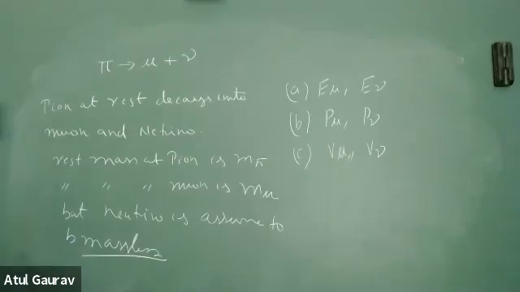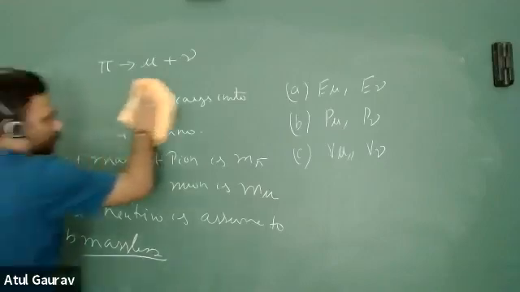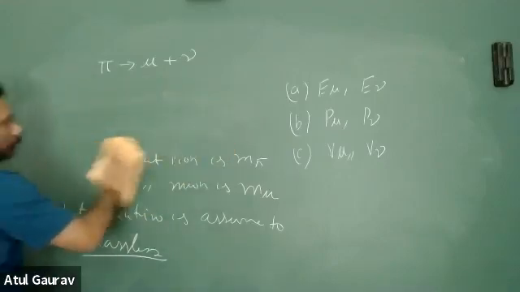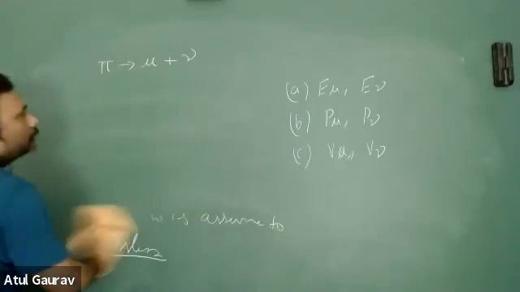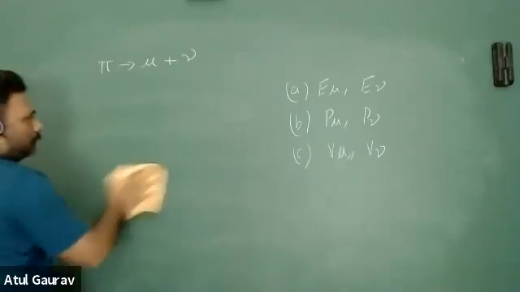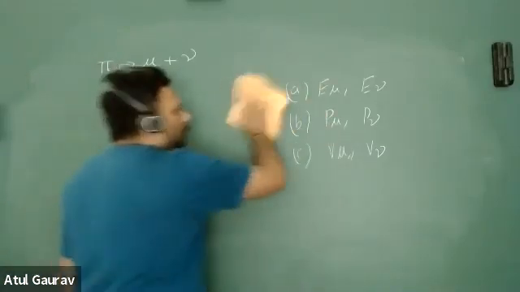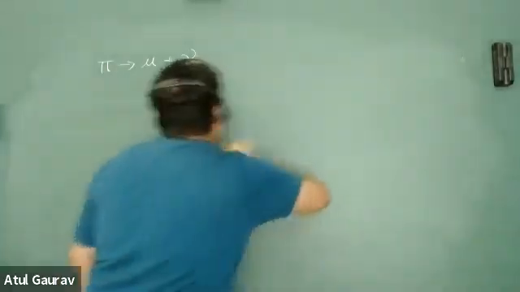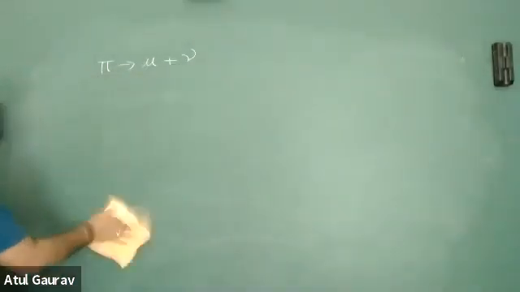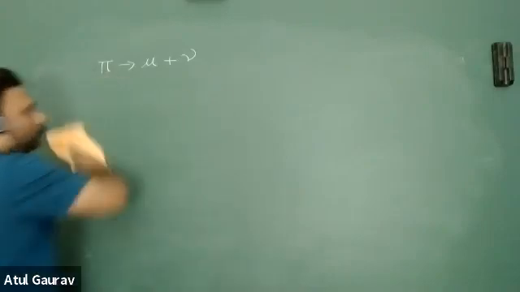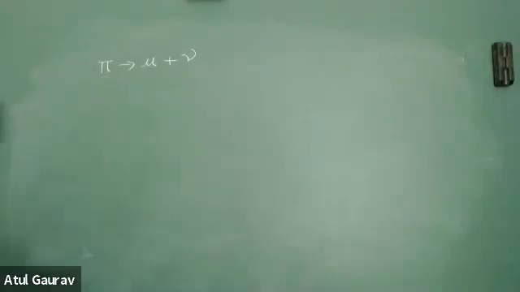So let's go for this particular problem. It's a very nice problem, and in every examination you have at least one such thing. Sometimes energy, sometimes momentum, sometimes speed. So let's try to do it.